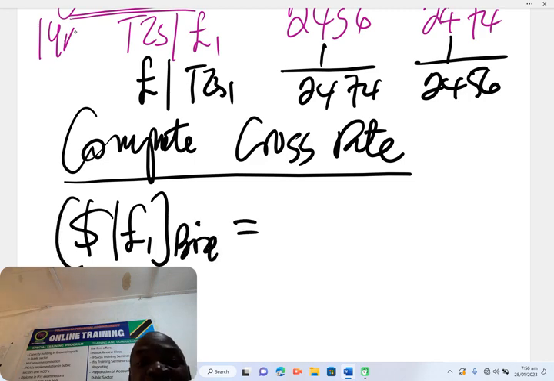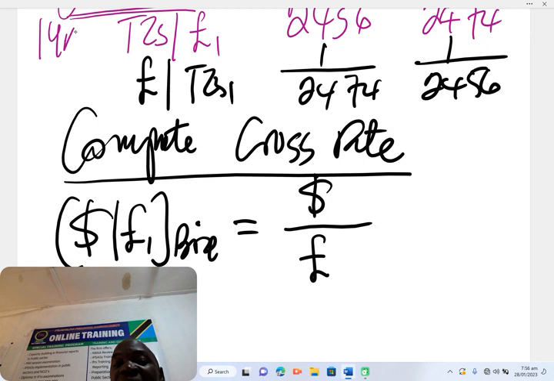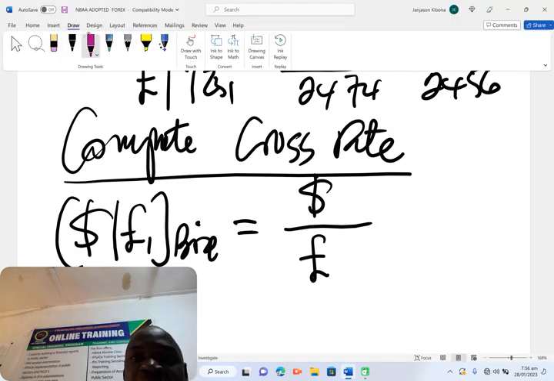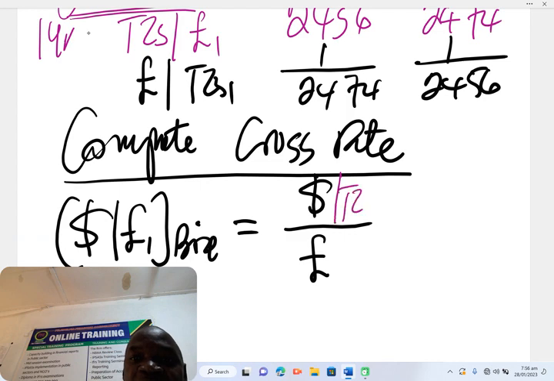So it's easy. What we take here is dollar over pound. So you divide by the common currency, TZS divided by TZS.